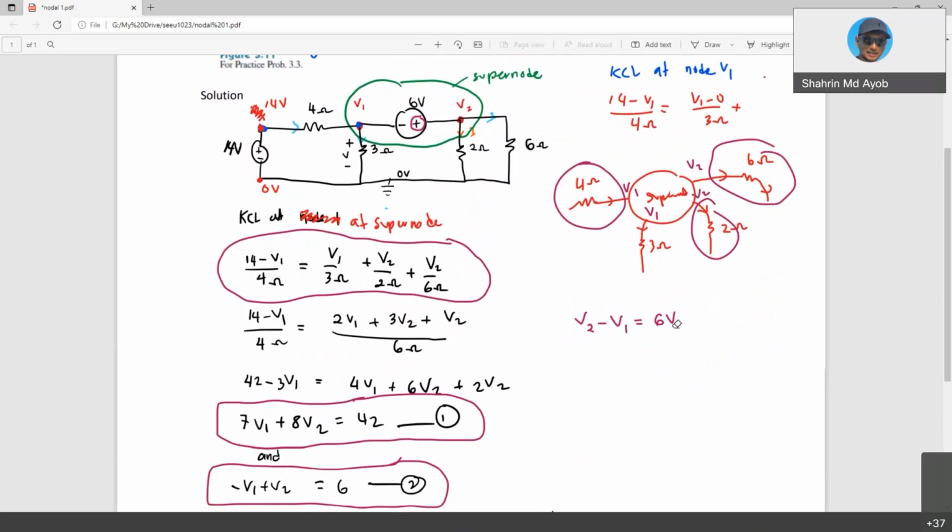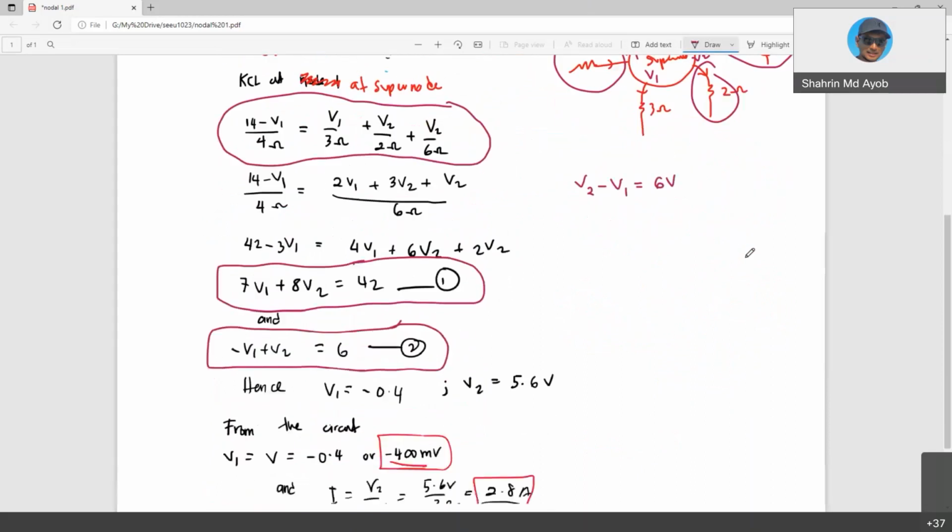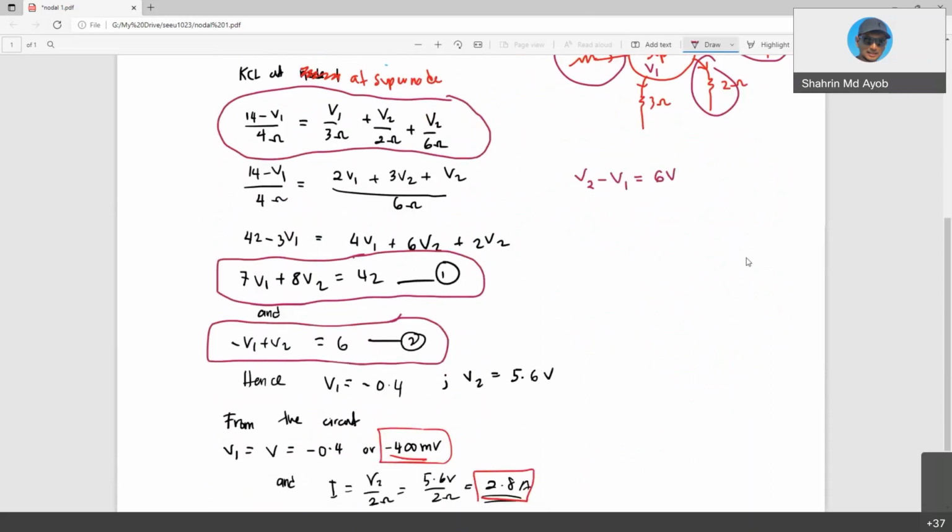It's the same as, for example, if this is my V2, and this is my ground, 0 voltage, I will put V2 minus 0 equal to 10 volts.